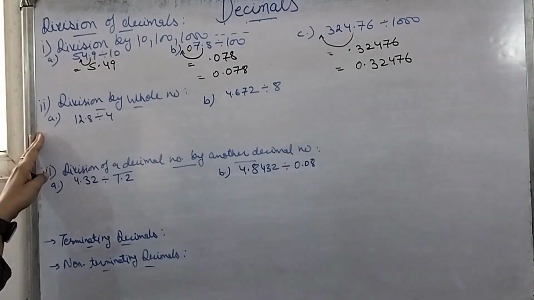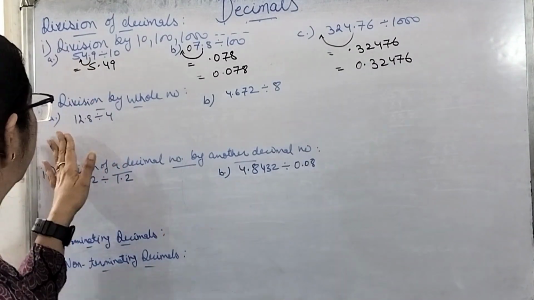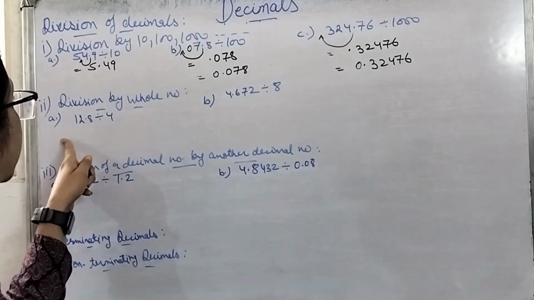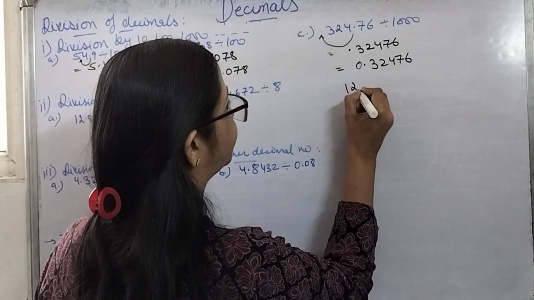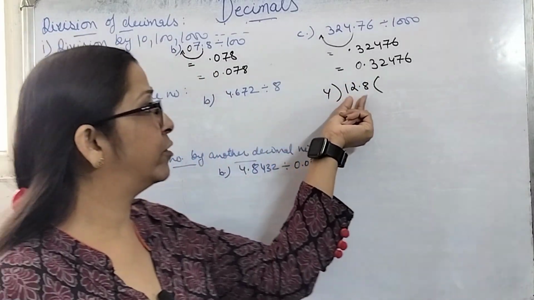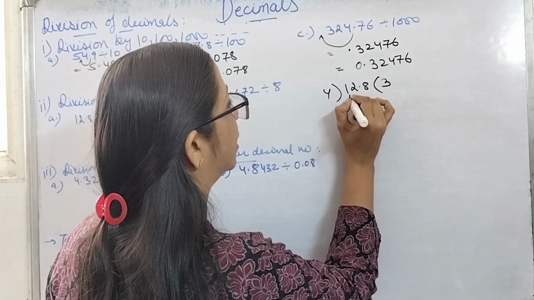Now the another condition is when we have to divide by whole numbers. That means the dividend is a decimal number but the divisor is a whole number. In that case, how will we be dividing it? So see, 12.8 is your dividend over here and divisor is your 4. First of all we will be checking the integral part. So 4 3s are 12.